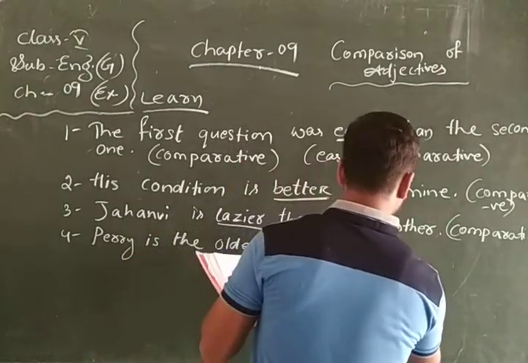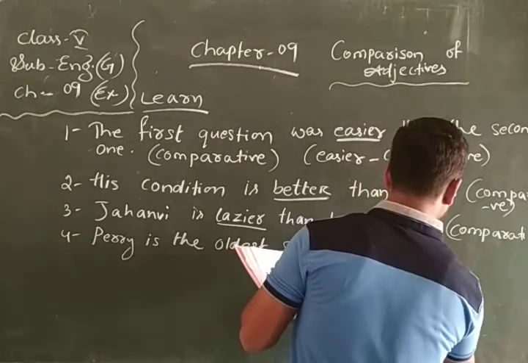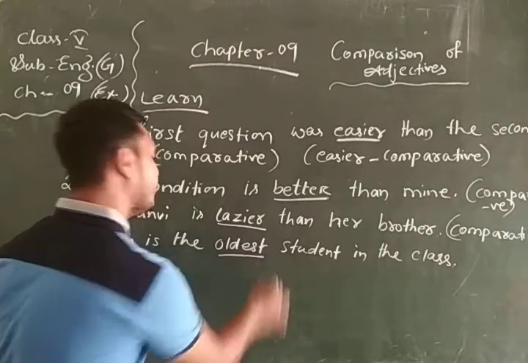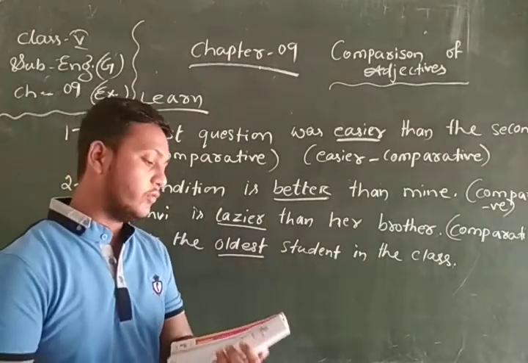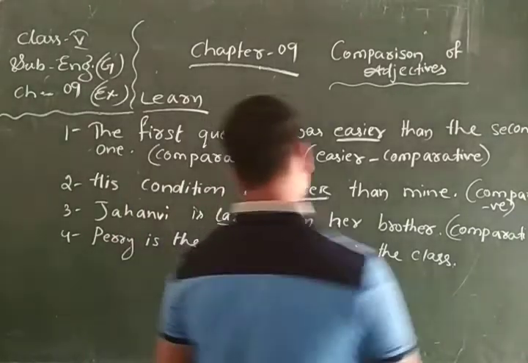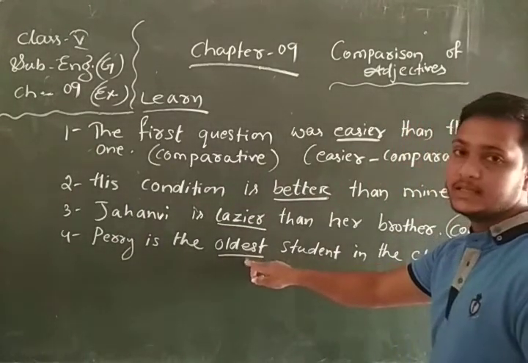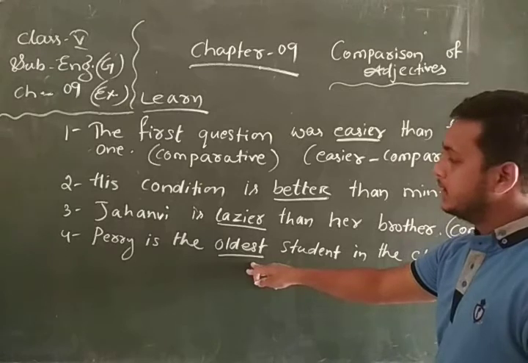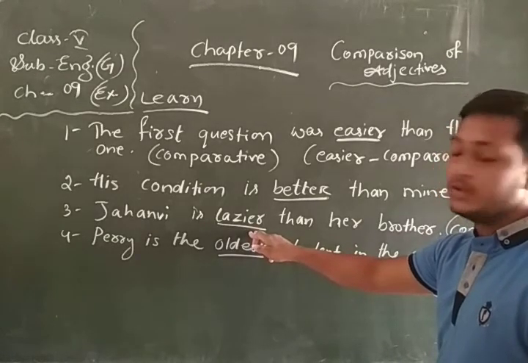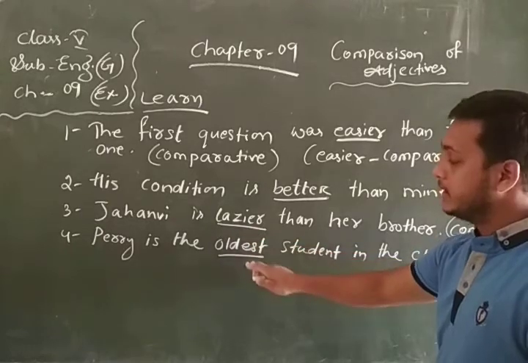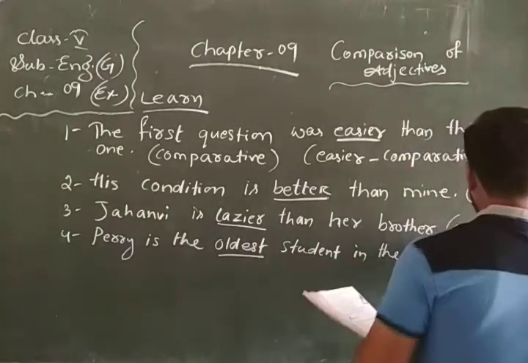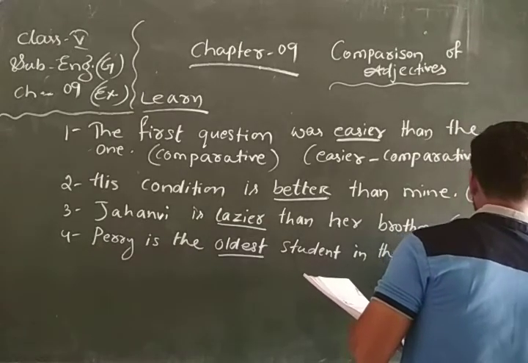Here oldest is the modifier, and it is the superlative form, because here est is used. In the comparative form, er or ier is used, but in the superlative form we use est. It is the superlative form.